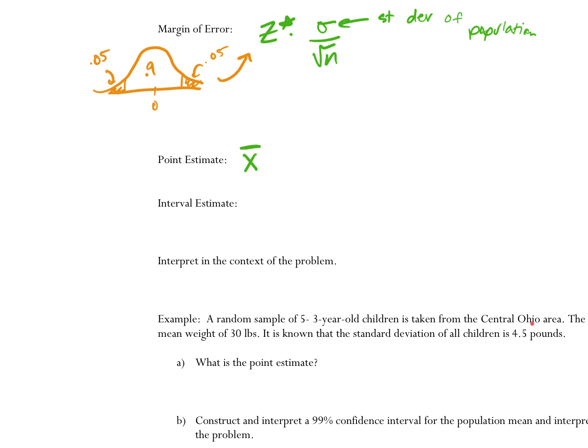We're allowed to do that if one of two things is true. First, if my sample size is greater than or equal to 30, we can assume those means will be normal no matter what. Or if I know I'm sampling from a normal population. So my interval estimate is X bar plus or minus z star times sigma over the square root of n.